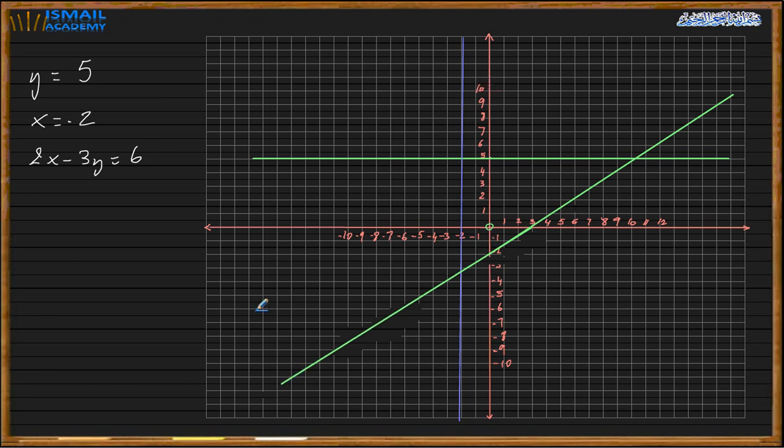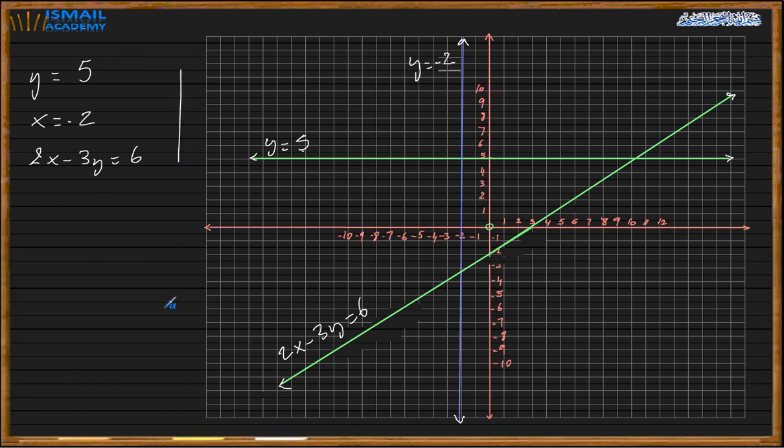So this is the line. This one is y equals 5. Here is x equals minus 2. And this line is 2x minus 3y equals 6. Each time we draw a line, please name the line. It's very important. This arrow means that it keeps going, so it's not going to stop. This is just an example of how the lines look when you have those types of lines.